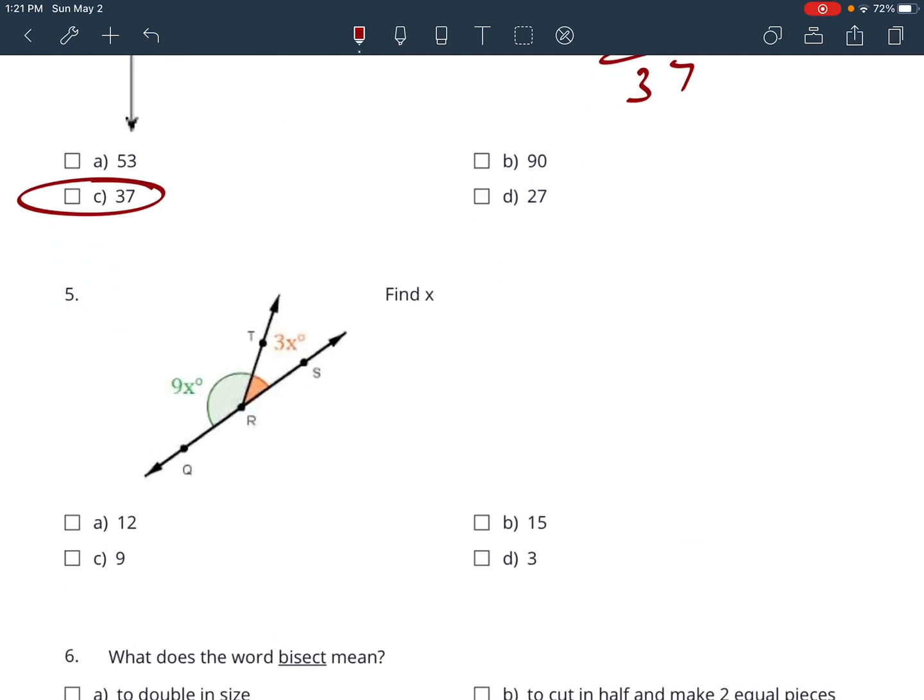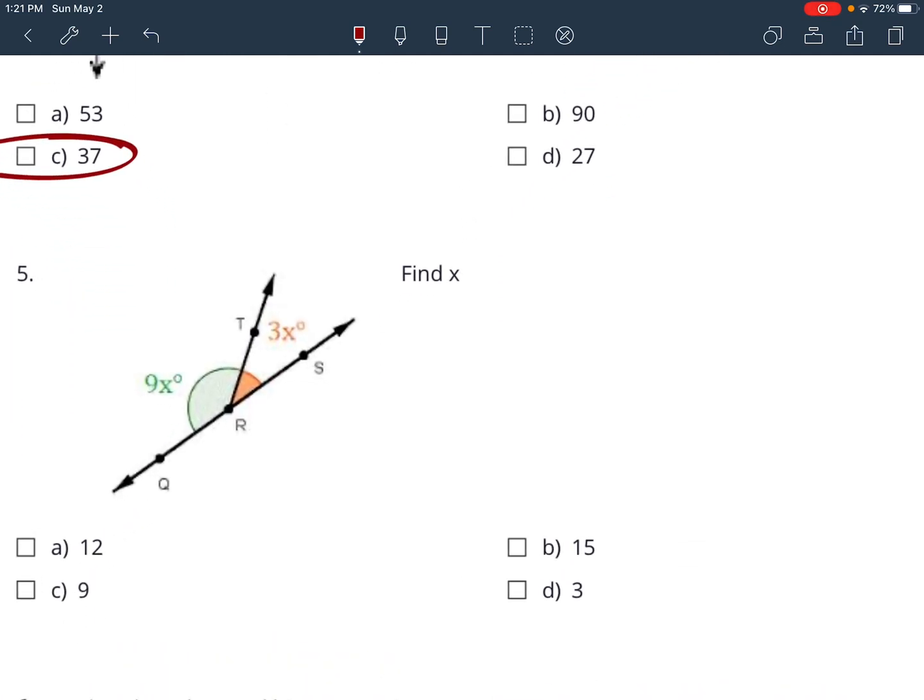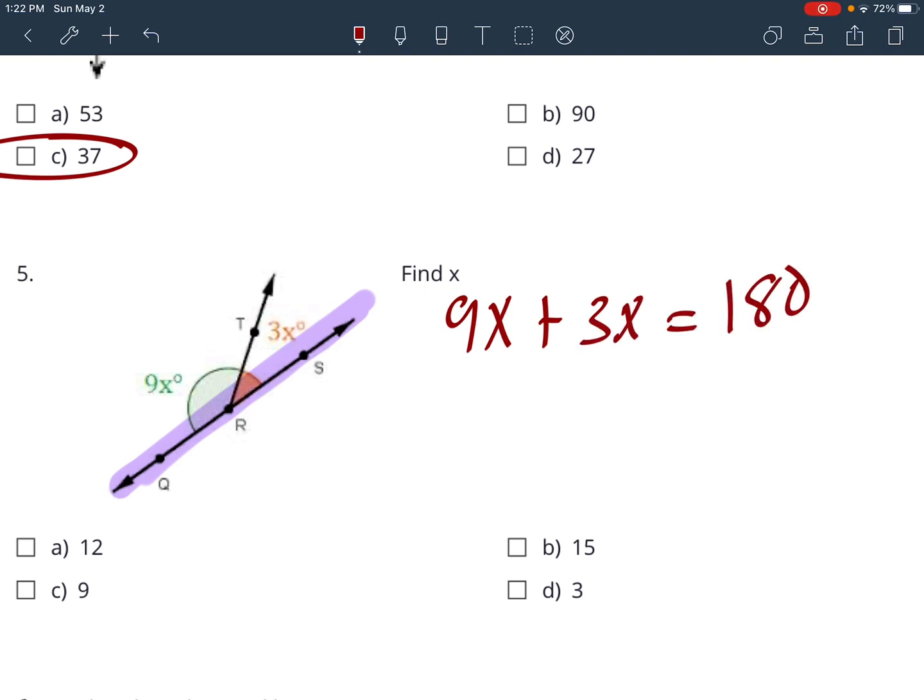Now number 5. Number 5, it says find x, right? And since what we have here, if you think about it, is a straight line. All of this is one straight line, right? You're like, so I have a line going up. I know, but we got a straight line here. That means if you add all of this together, you get the whole line. And a whole line is 180. What does that mean? That means if you do 9x plus the 3x, you get 180 degrees. Because the 9x is just this green part right here. And then you add the 3x, which is the orange part or red part. But if you add them all together, you get the whole line.